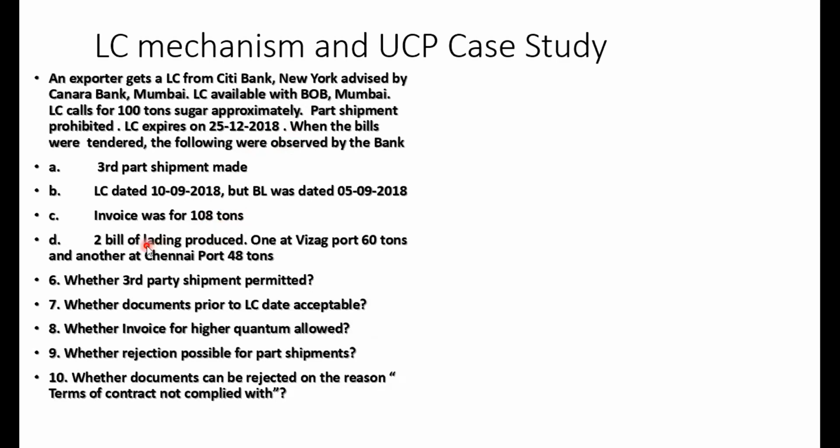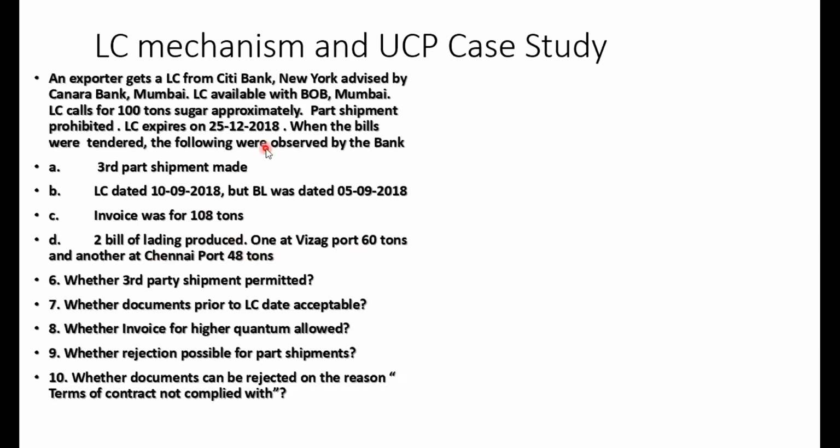The fourth one, okay, they will give all examples, live cases. Two bills of lading produced. Here part shipment is prohibited. The LC says part shipment not allowed, but the exporter has shipped 60 ton at Vizag port and 48 ton at another port, Chennai. The 108 ton is not shipped from one port but two ports, though in the same ship.